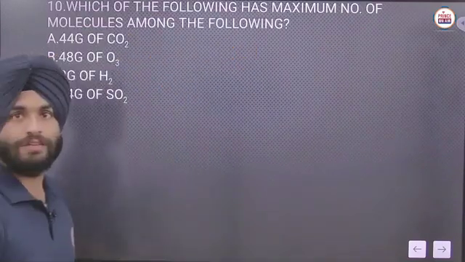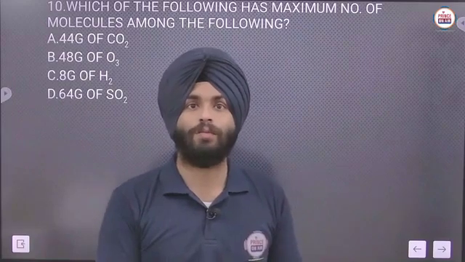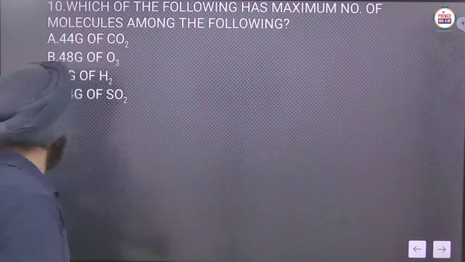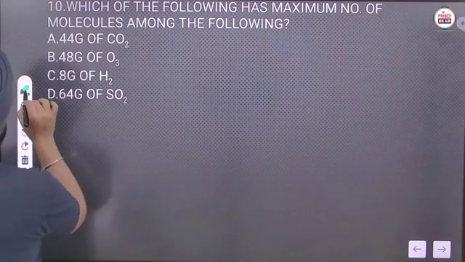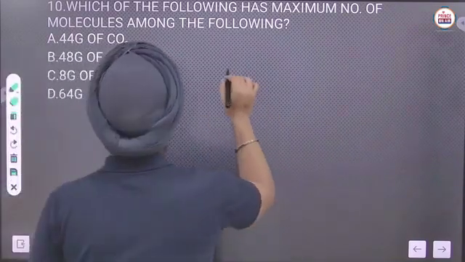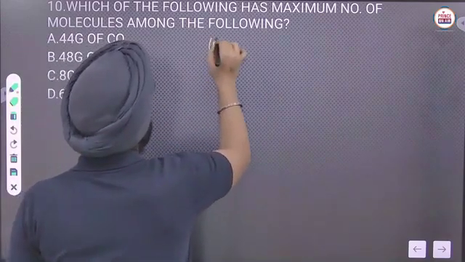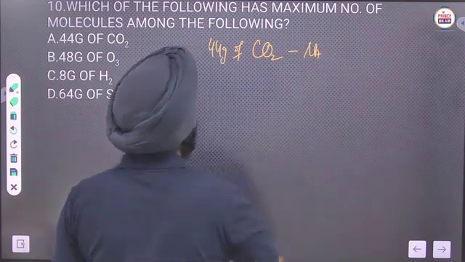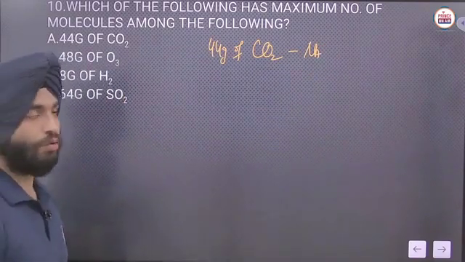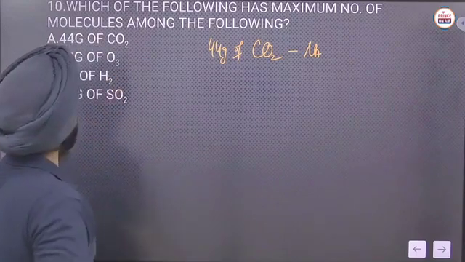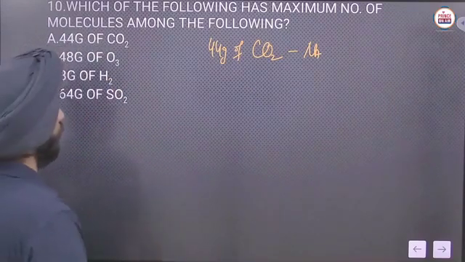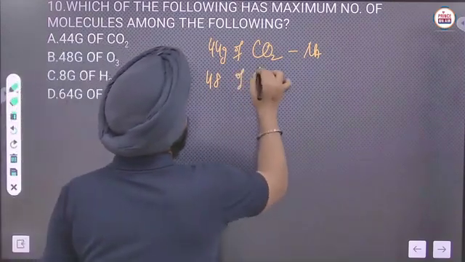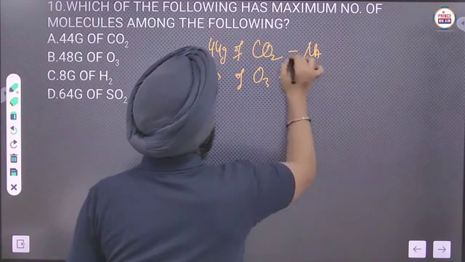Next question is, which of the following has the maximum number of molecules? How can we calculate it? See, 44 gram of carbon dioxide will contain Avogadro's number of molecules. Ozone has 48 gram as its molecular mass, so it will also have Na.